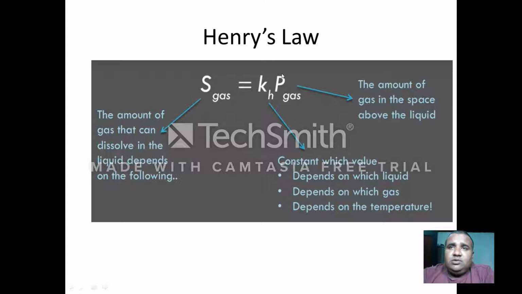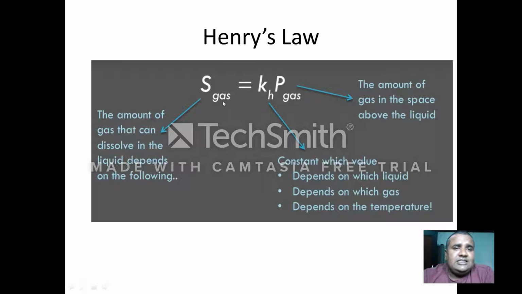For example, in a room, if we have increased the CO2 concentration and pressure, and a vessel is kept in that room, the CO2 will dissolve at a faster rate, irrespective of the gas. If the pressure is high, then the solubility will be high. To remove the proportionality sign, we put here a constant, which is represented by Kh.